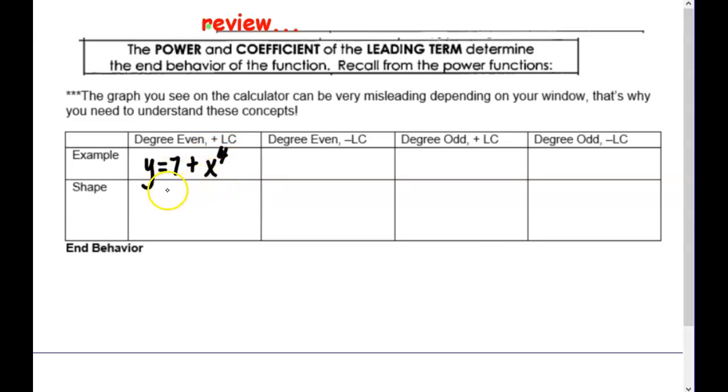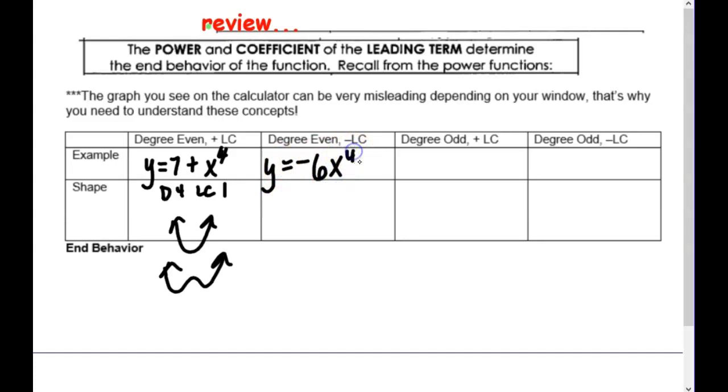Okay. So this would be degree 4, leading coefficient, positive 1. And the shape would be like this, or possibly like this, depending on what's going on. But both ends are up. That's all we need to know. Even degree, negative leading coefficient, like a negative 6x to the fourth plus x squared minus 1, something like that would be both ends down.